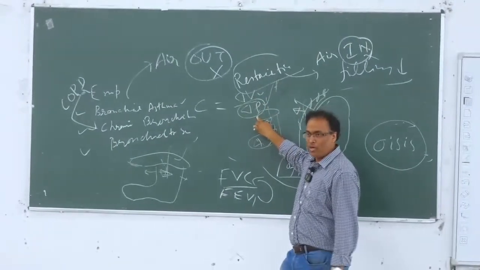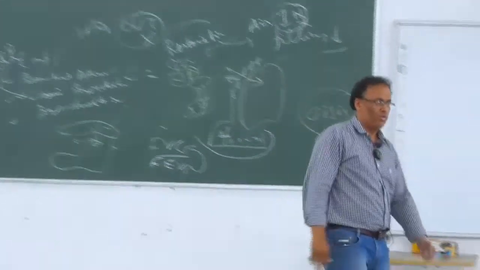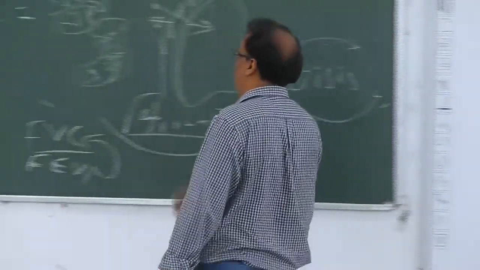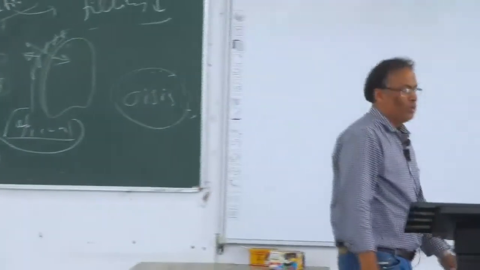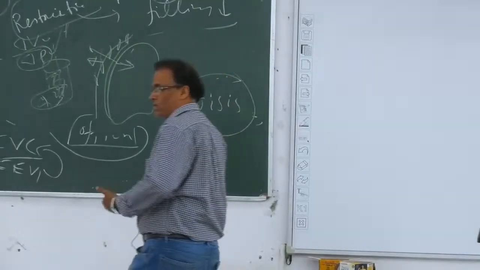Pressure will of course decrease, Boyle's law is there. What does Boyle's law say? Pressure is inversely proportional to volume, or volume is inversely proportional to pressure. But volume is increasing much more, so compliance will be increased. So compliance will increase means elasticity will decrease. I said these two run in opposite directions, on one side compliance, on the other side elasticity. So elastic recoil or elasticity is decreasing in case of obstructive pulmonary disease.